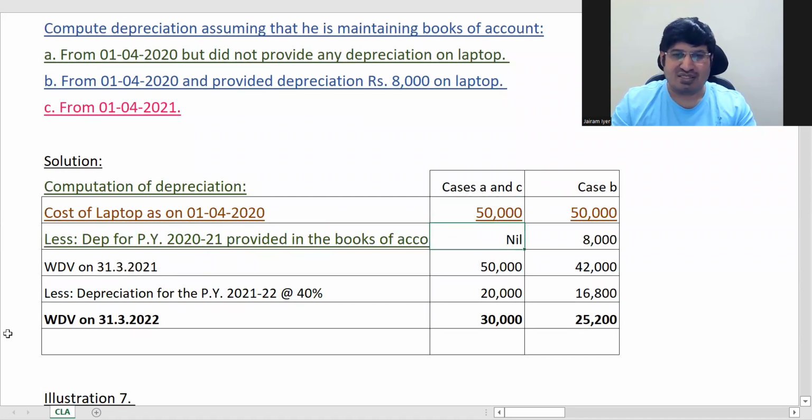So for A and C, he did not provide any depreciation, so it is nil. And here it is 8,000 which he has provided. Correct. So this will come here.